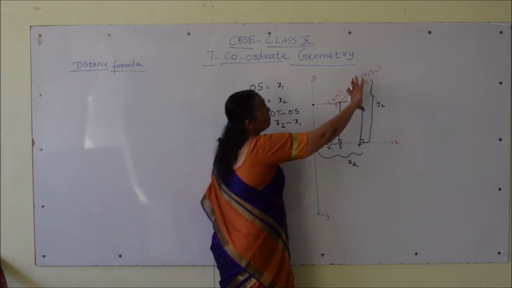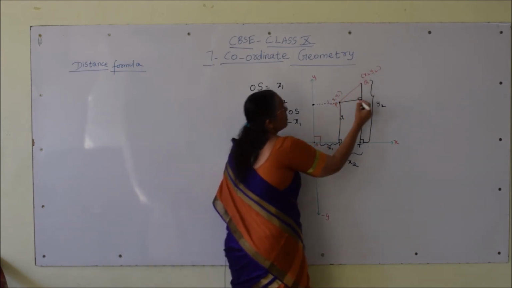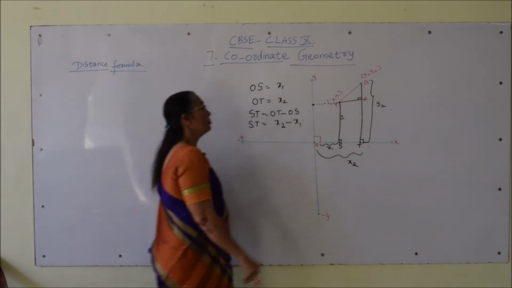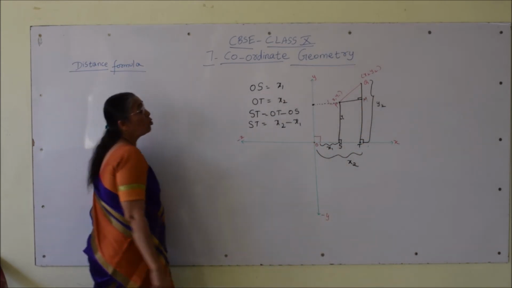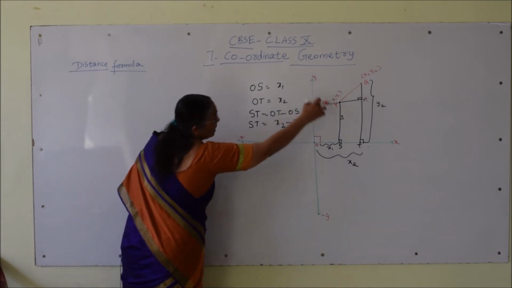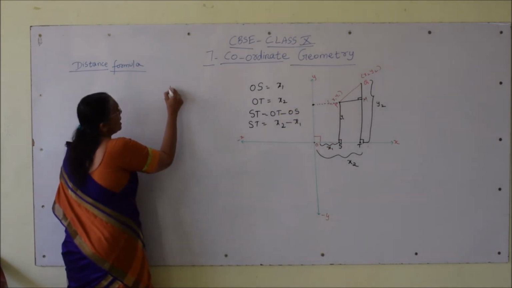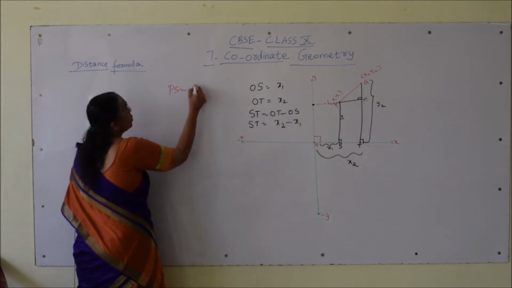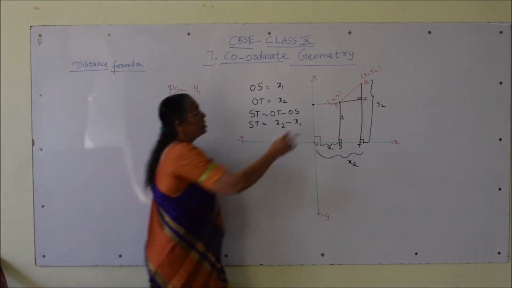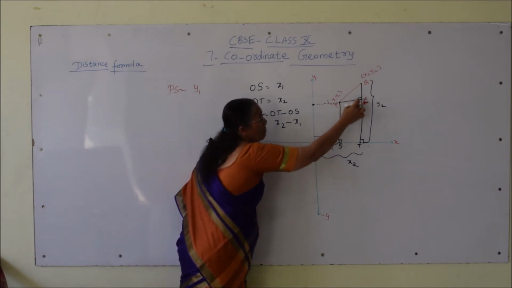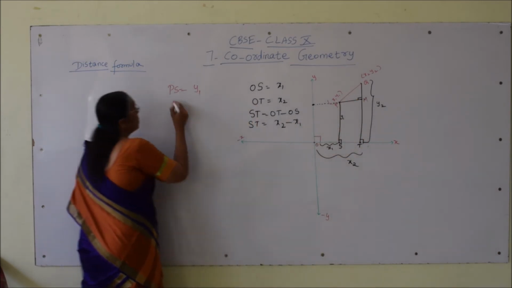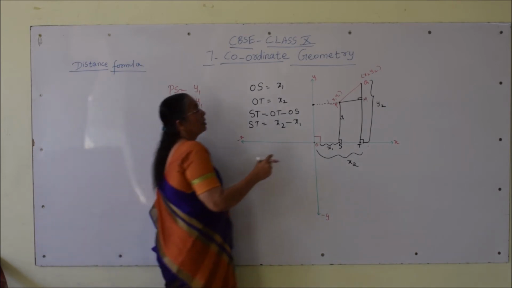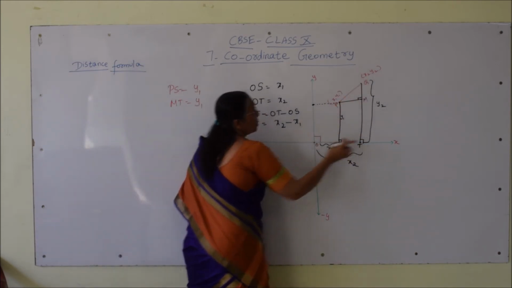Similarly, let me find out the other one. I will mark this as PM. What will be the distance QM? Already PS is y1, and PS is the same as MT, so MT is also y1. Next, QT is y2.